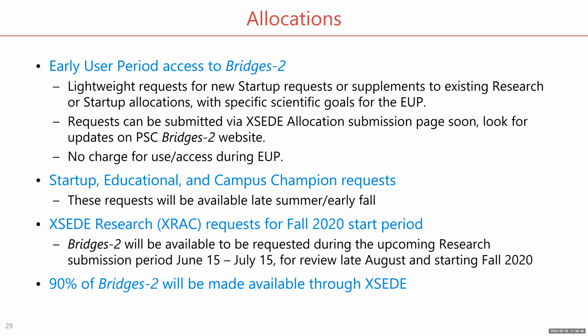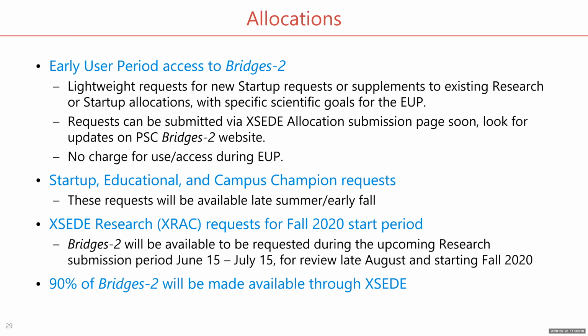Startup, educational, and campus champion requests will be available late summer, early fall. Again, we will make these available through the Exceed submission pages. For Exceed research requests, or XRAC requests, for the fall 2020 start period, there's a submission window opening June 15th through July 15th, for review late in August and projects starting in the fall of 2020.